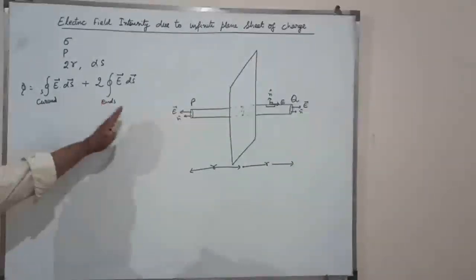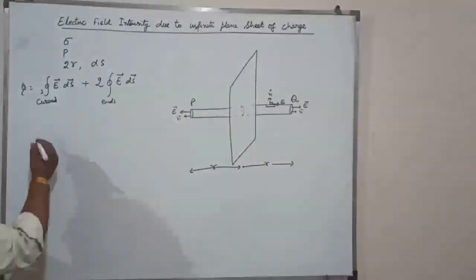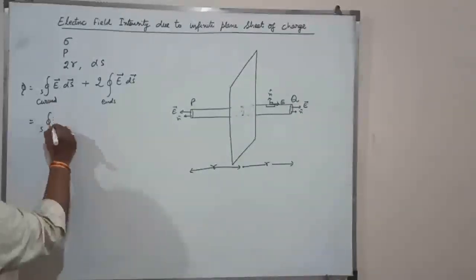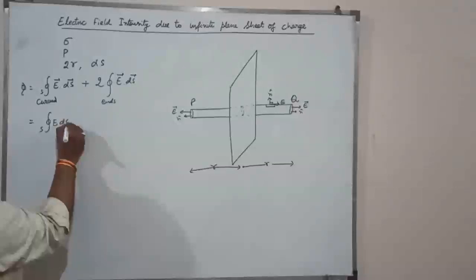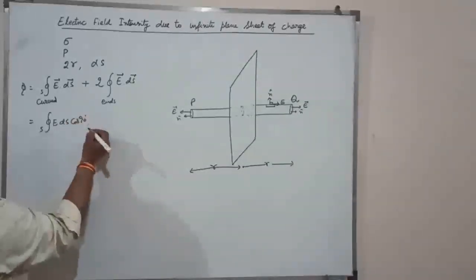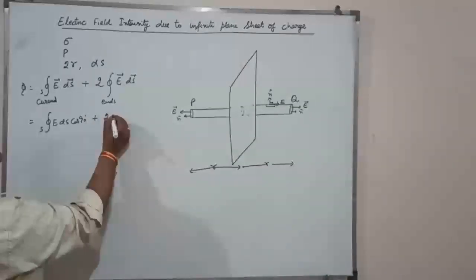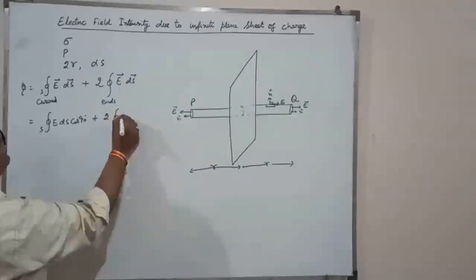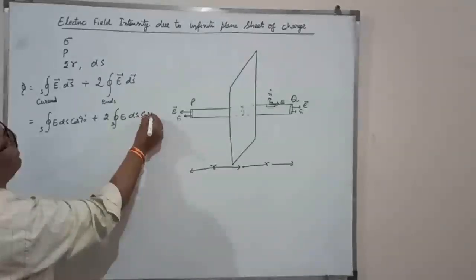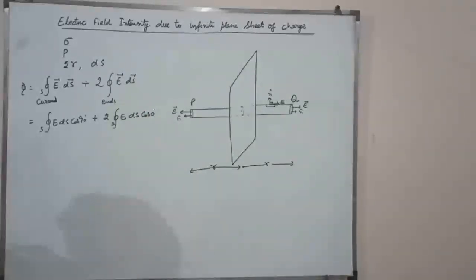This is the total flux coming out from the Gaussian surface. Or E ds cos 90 plus 2 E ds cos 0.